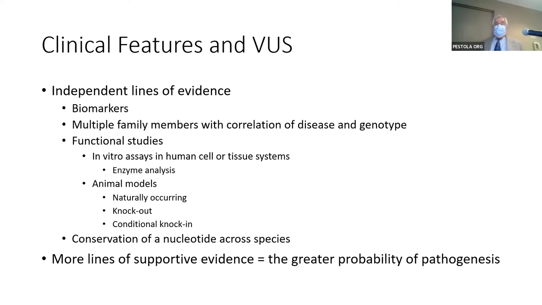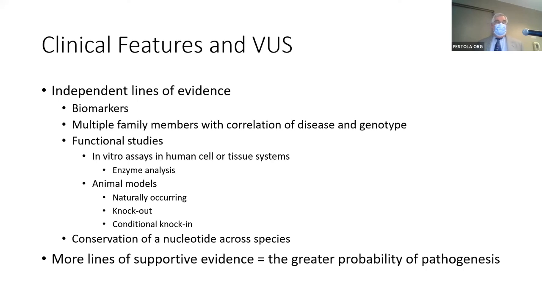Or functional assays. Well, in some cases, you can do enzyme assays. And you might then make somebody get an invasive biopsy for a tissue where you can actually analyze a particular gene. Then there's an animal model. If we've got a naturally occurring animal model that has the same phenotype, then that gene's defect at the same position is probably causative.